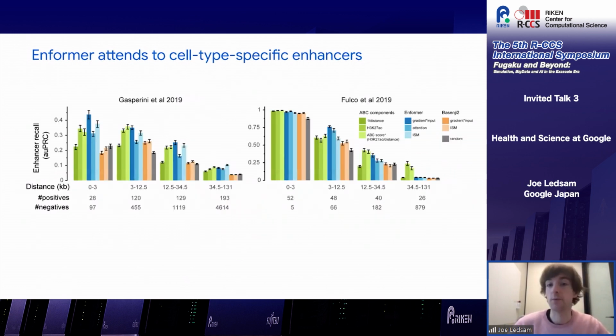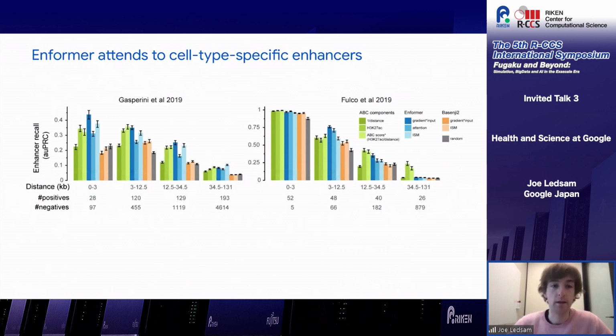And indeed, we can apply that concept systematically. Here are two graphs of two different libraries of experimental CRISPR validated enhancers. In both cases, the green is an experimentally derived measure, the blue is our model, the orange is the previous state of the art, and the grey is what you would get for a random.